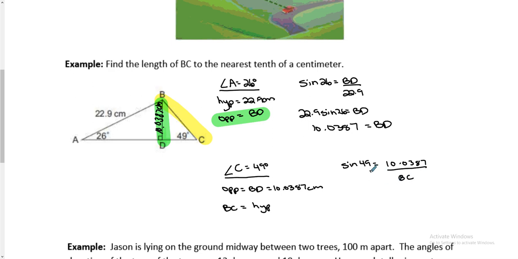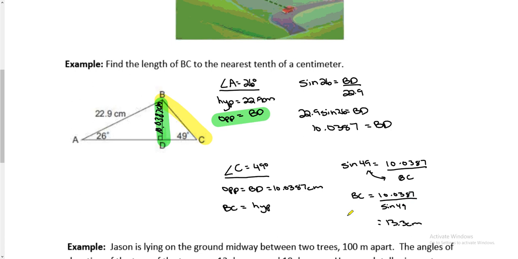We're going to cross multiply, or if you remember, we're just going to slide over here. So BC is equal to 10.0387 all divided by sine 49. If you kept the value in your calculator, you can just go divide answer, sine 49, close your brackets, and you get 13.3 centimeters.